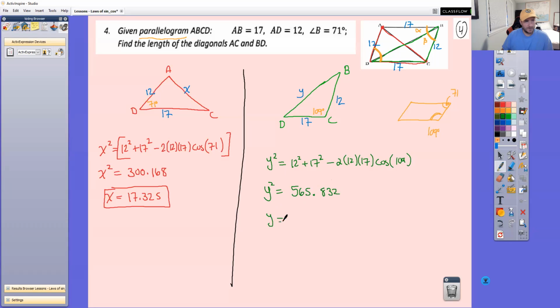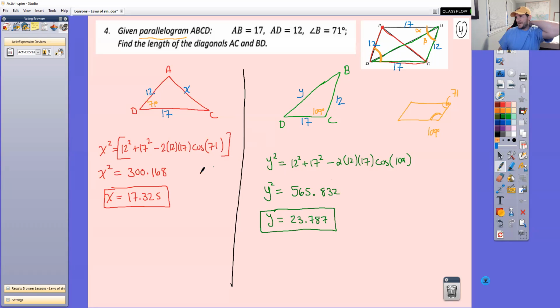And when we take the square root, we get 23.787. So there's your two diagonals.